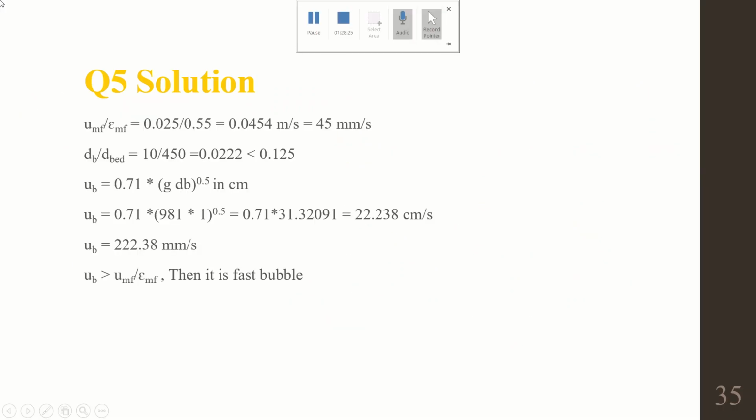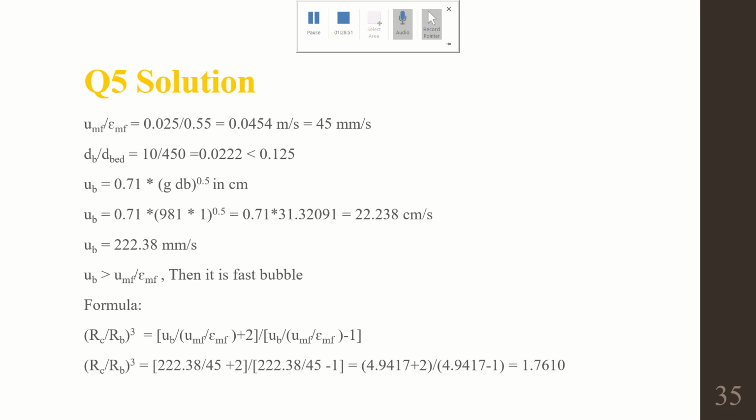And since UB is greater than UMF by epsilon MF, this comes under fast bubble. So we have seen the fast bubble and the slow bubble. If UB is less than UMF by epsilon MF, it is coming under slow bubble. The formula for fast bubble is RC by RB cube is equal to UB by UMF by epsilon MF plus 2, divided by UB by UMF by epsilon MF minus 1.